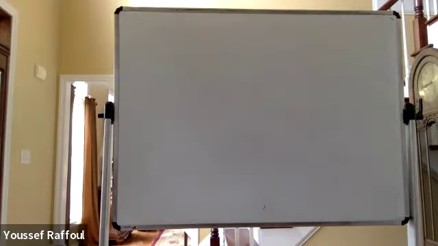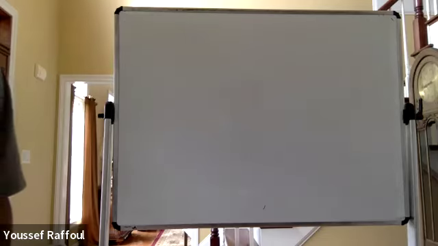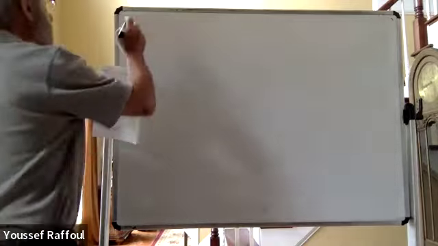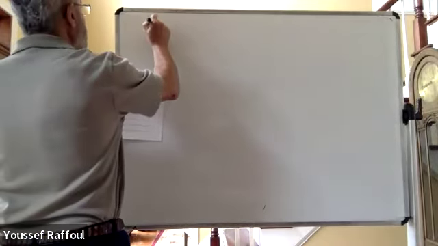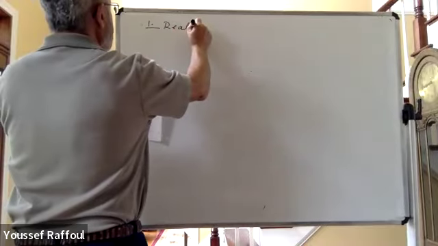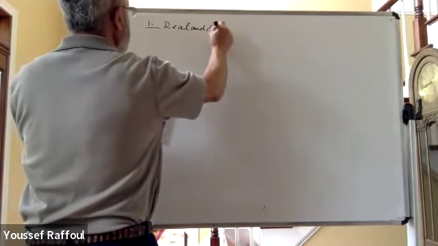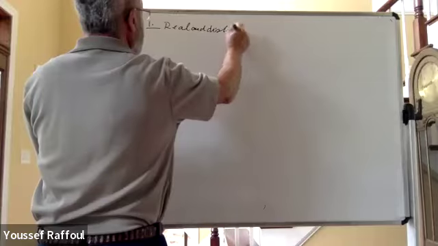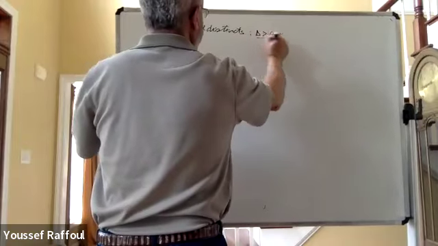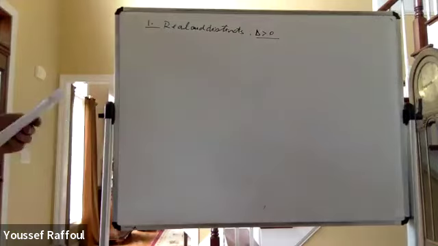All right. So let's discuss this in several cases. I'm not going to go through all the details, but I will discuss. So the first case, real and distinct. That means this is the case when delta is positive. Okay?